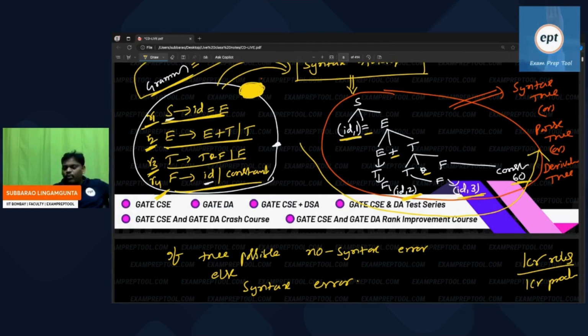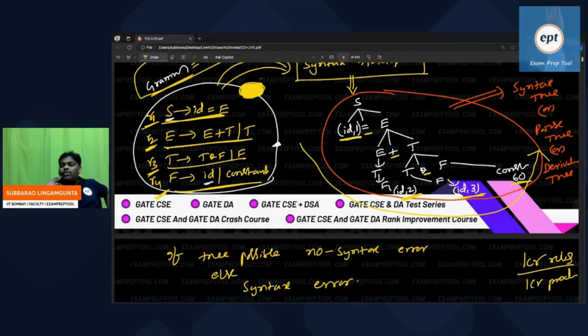Is it okay? Can I move to the next? If the tree is possible, no syntax error. Else, syntax error. If the tree is not possible, is the grammar wrong or the program wrong? The program only.